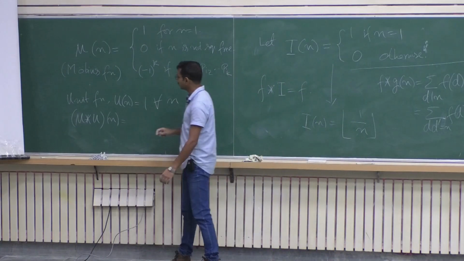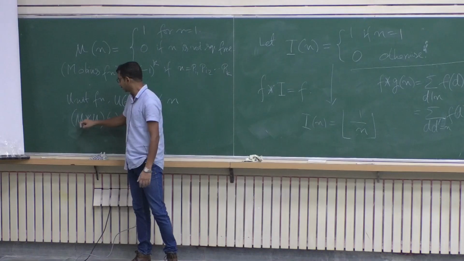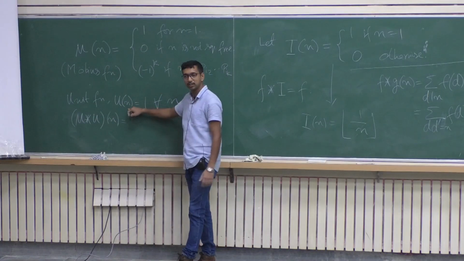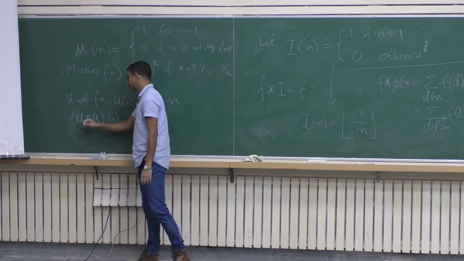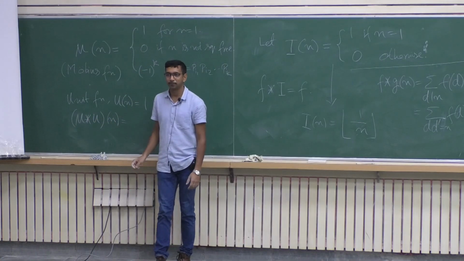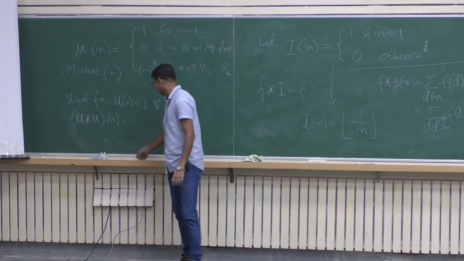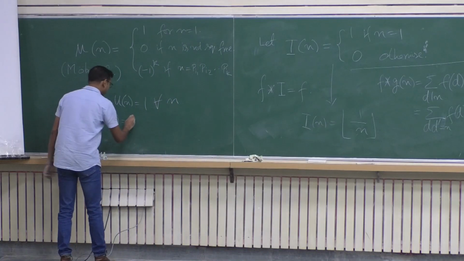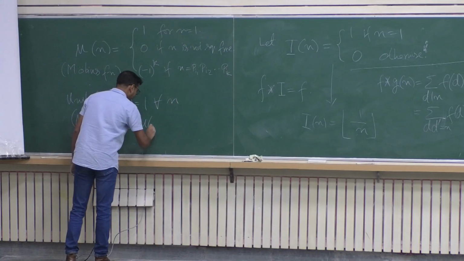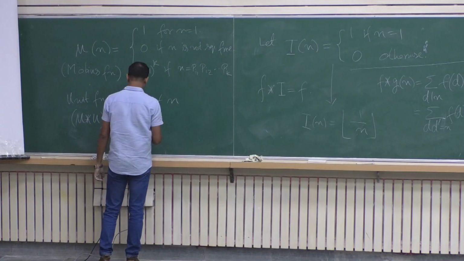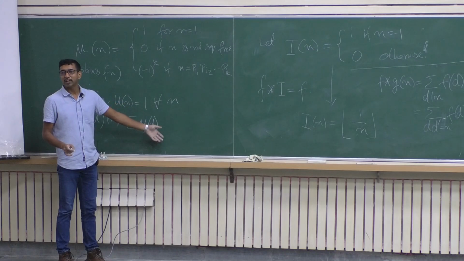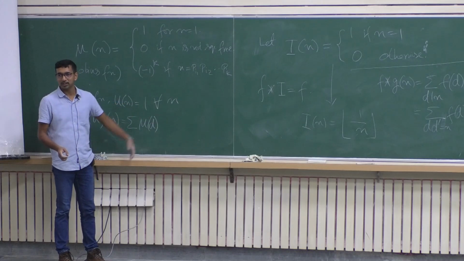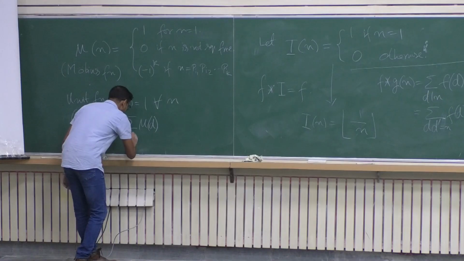Now the question is, if you are taking the convolution of mu with u, what are you getting? The identity function. Let's check: the summation of mu of d times u of n by d, where u is equal to 1, so we don't even need to write n by d.